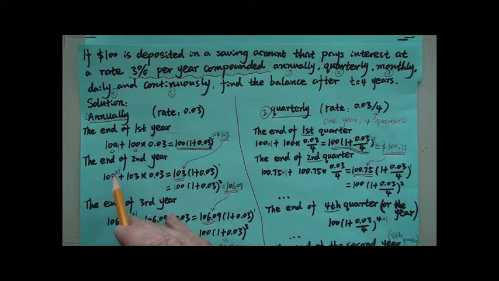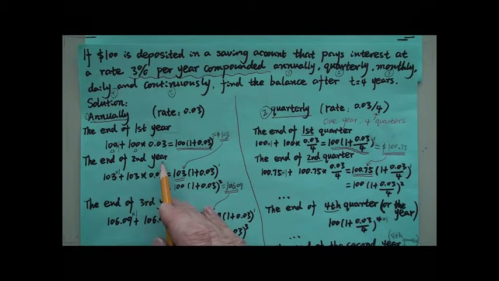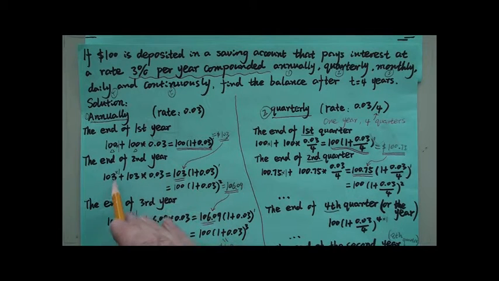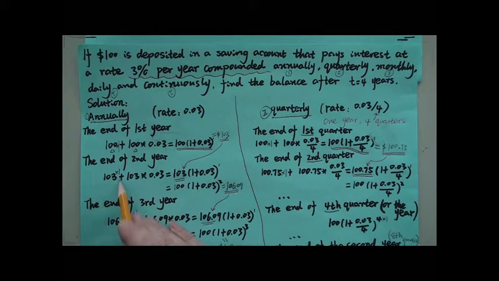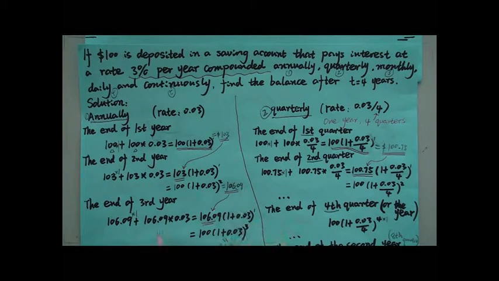Now, starting with this amount at the beginning of the second year, you have $103 plus $103 times the interest rate. You can find this number, it's going to be $106.09.